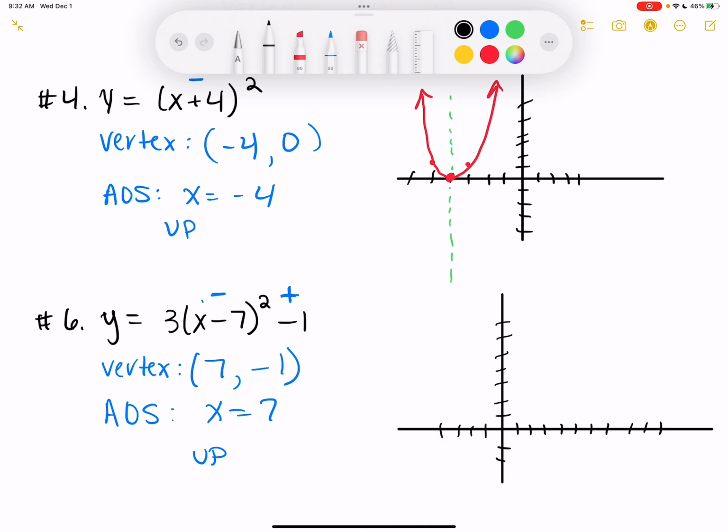So I've got axis of symmetry at 7. So vertex at 7, -1.